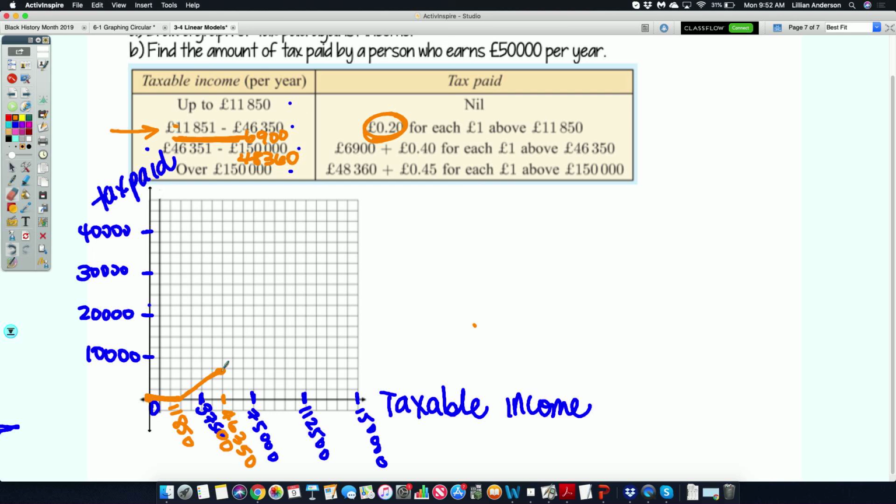This is the largest one. At my highest point of 150,000, 48,360. That's why I had you find those numbers, because those were basically our y coordinates for each one of these x's.